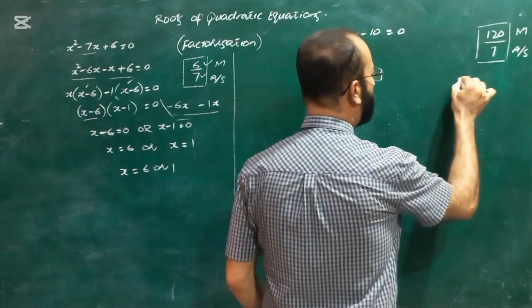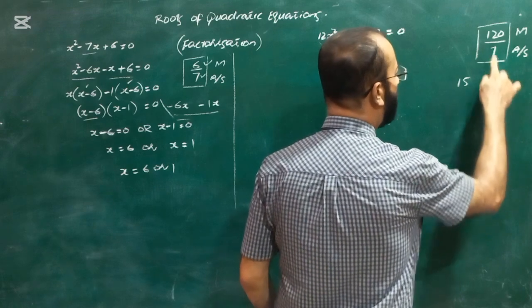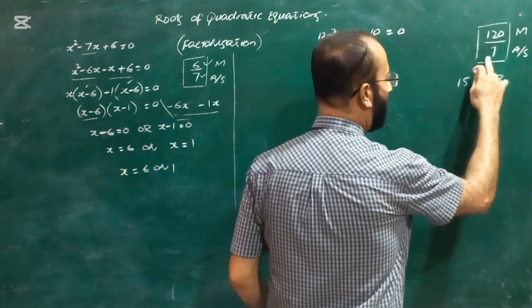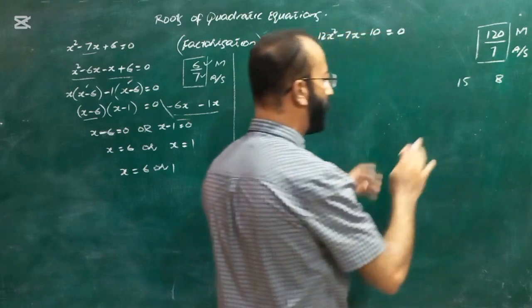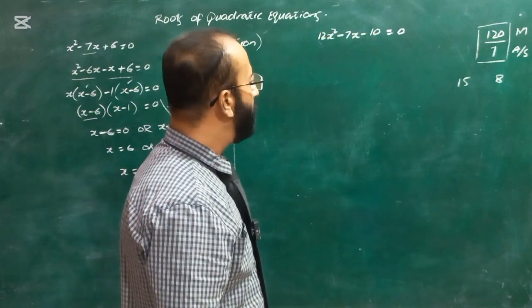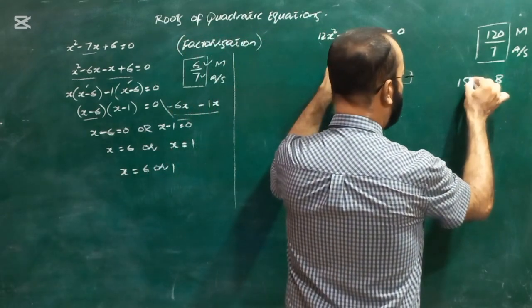So these are actually 15 and 8, because 15 8s are 120 and their subtraction is equal to this one. After this step, the next step will be to write the singular variable with this pair of values.